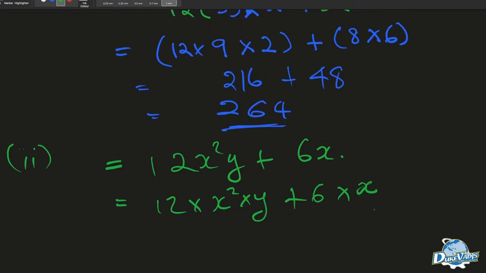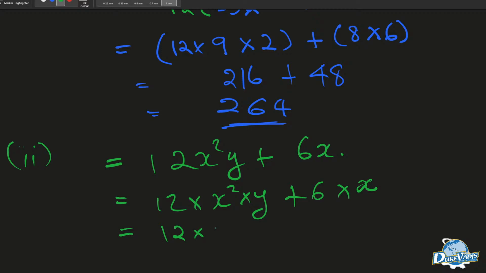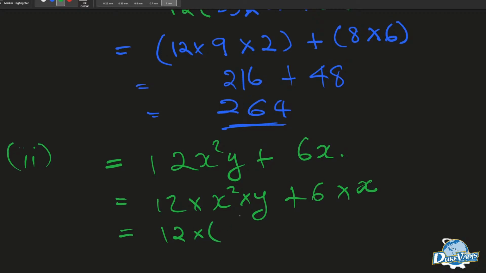Okay, so let's put our substitute values in different colors. So this x squared, well, x is 2. So I put 2 here and I say squared times y. And our value of y is 3, plus 6 multiplying x, which is still 3.